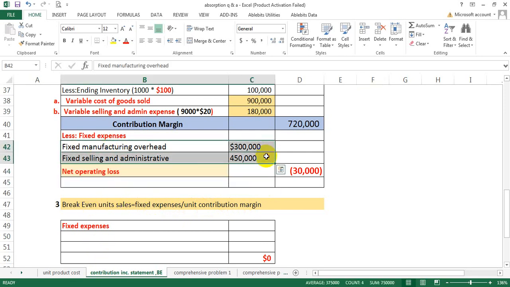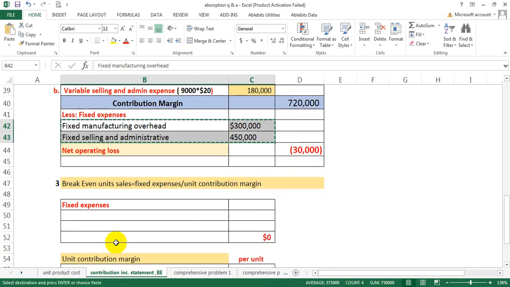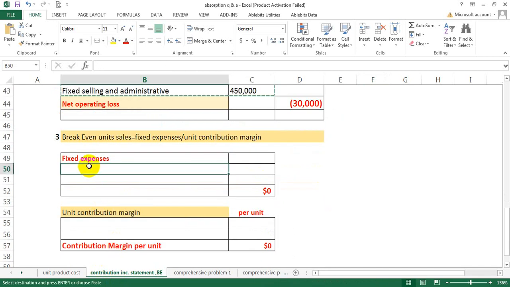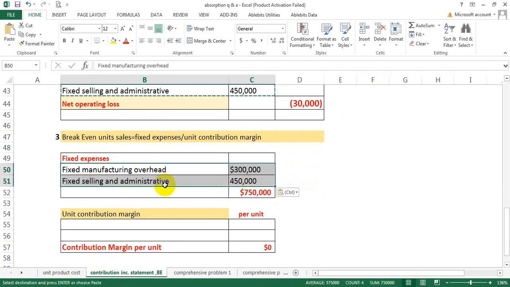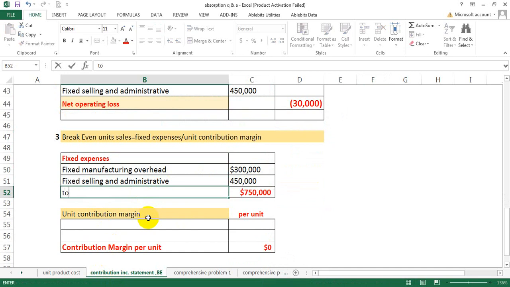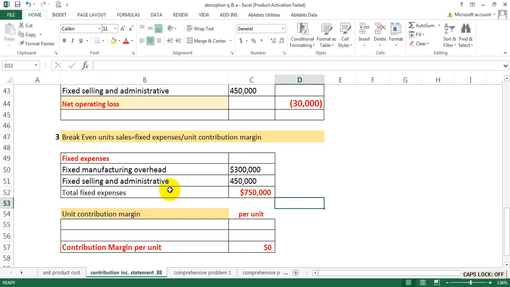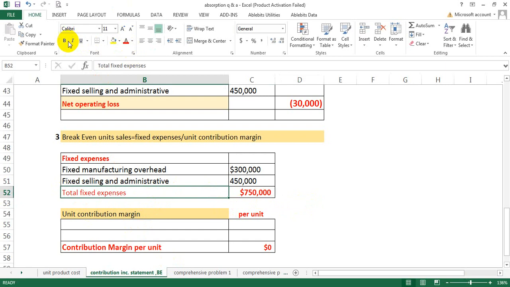Again I am taking these two values because these are my fixed expenses, right? So we have calculated total fixed expenses, and my total fixed expenses are 7,50,000, right?